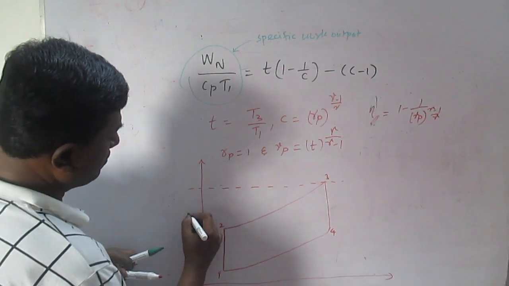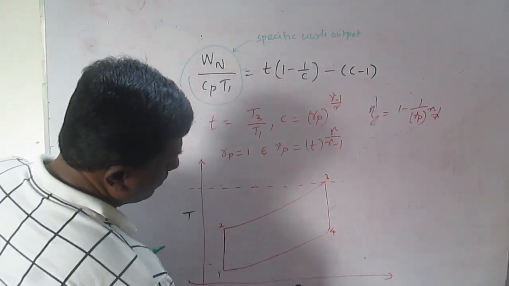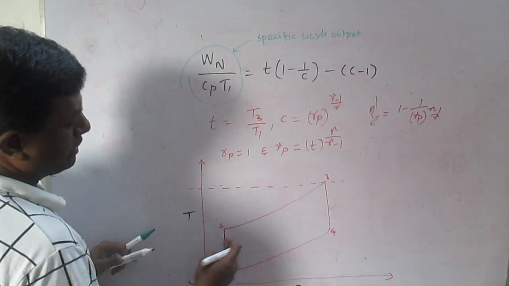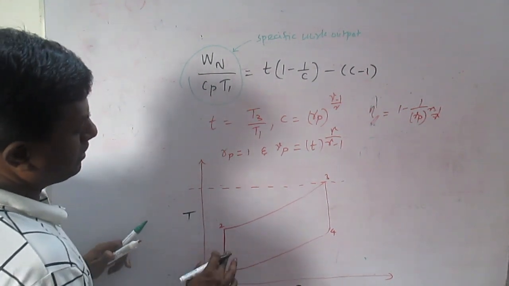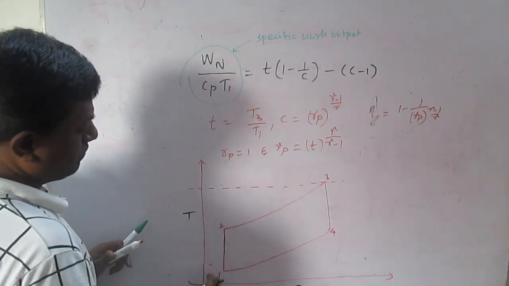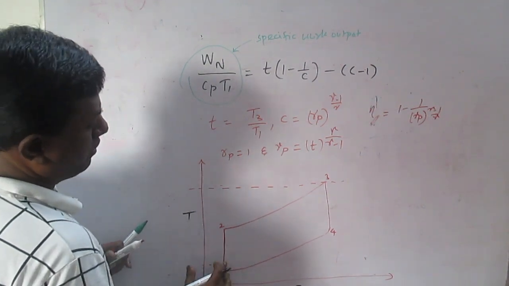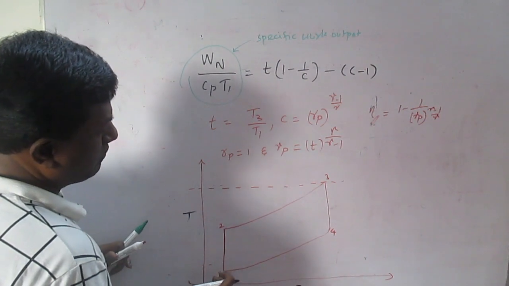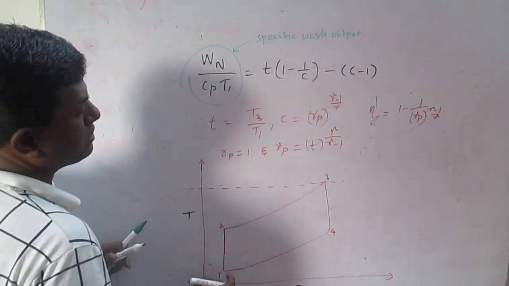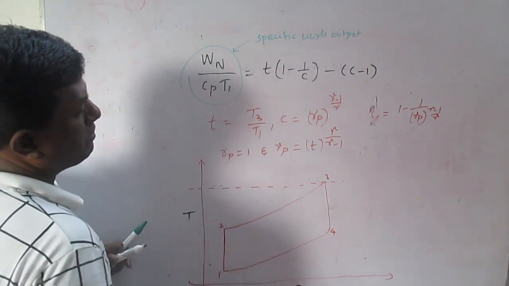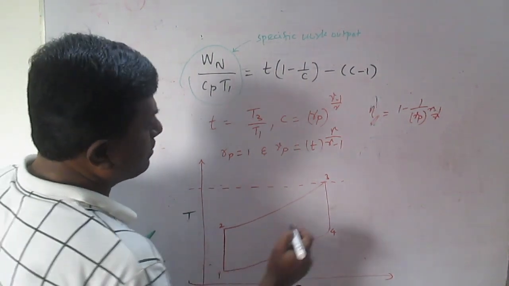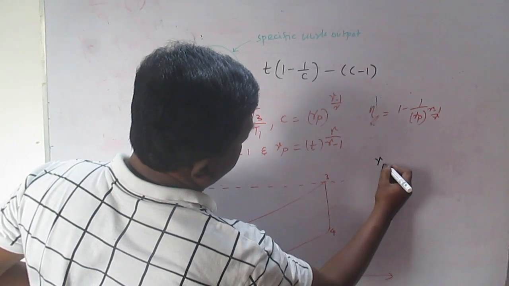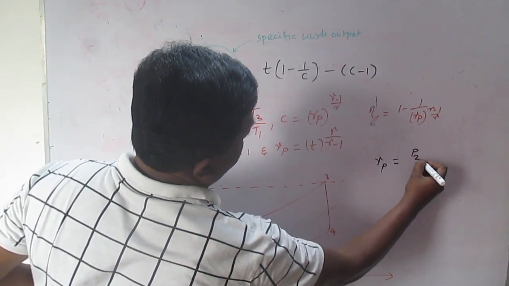We all know this. From this TS curve we are going to understand certain factors. The first thing is, when we say RP equal to 1, it means our P2 by P1 is becoming 1. That is what we have to understand, because generally RP equals P2 by P1.